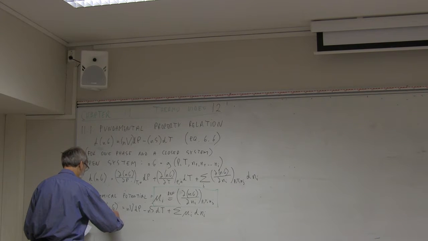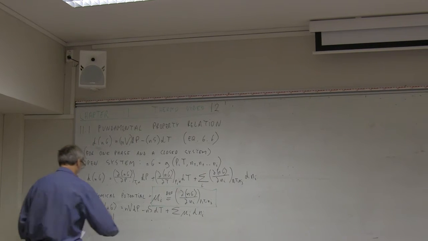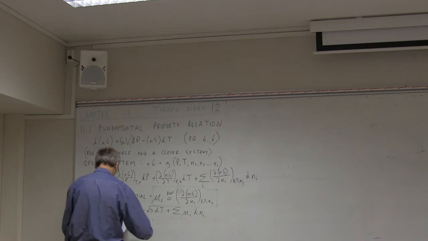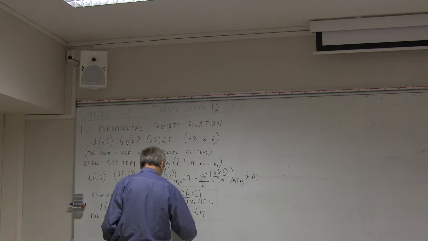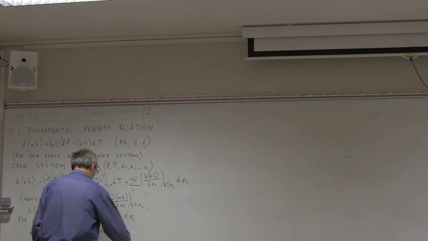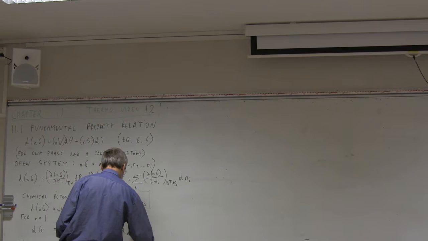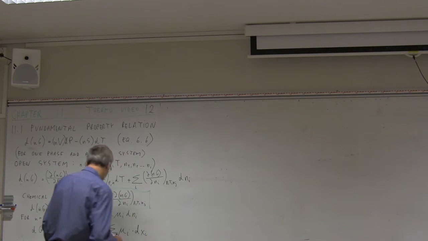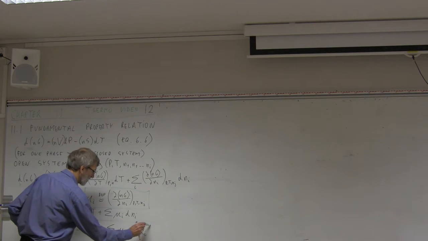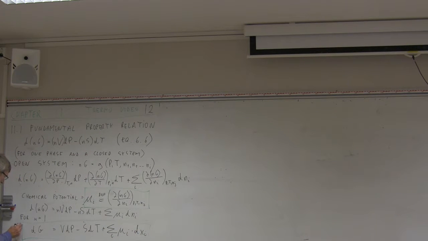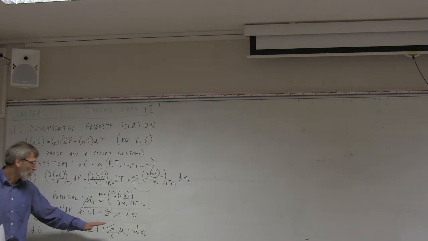And for N equal to 1, dG equals V dP minus S dT plus the sum of the chemical potential times the change in mole fraction of each component. So this is a general equation for the change in Gibbs free energy for an open system.